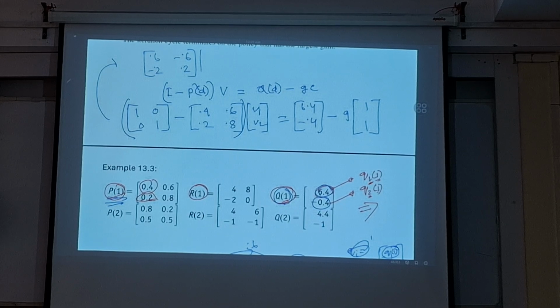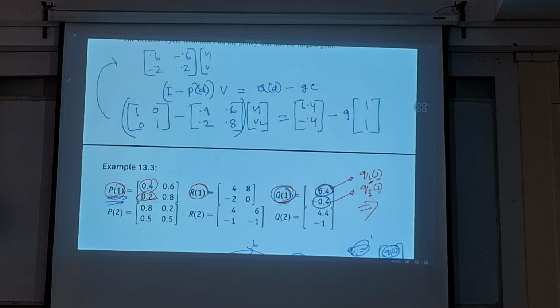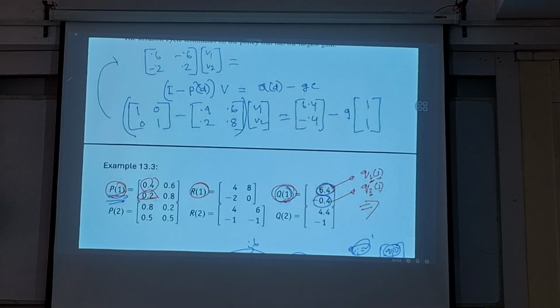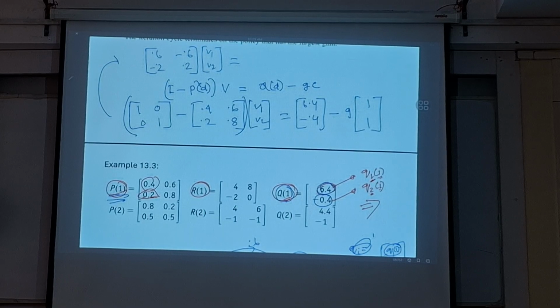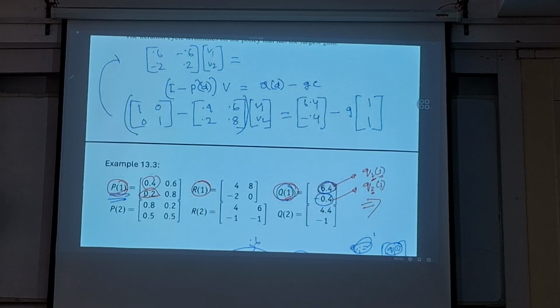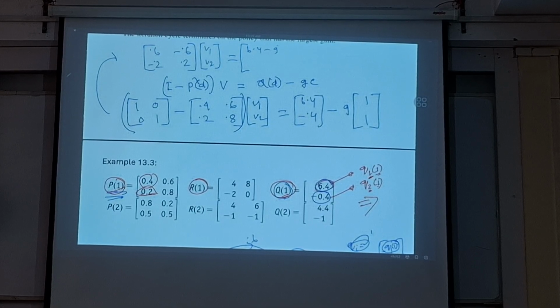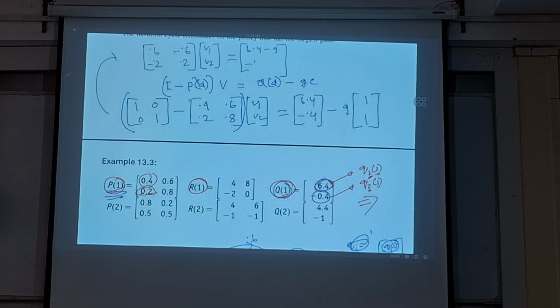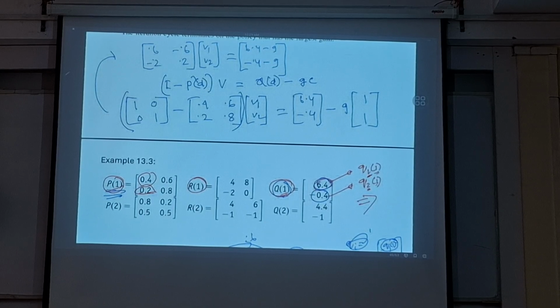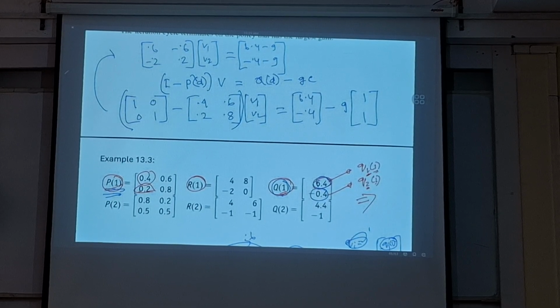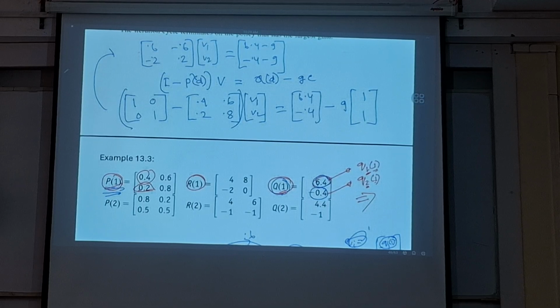Multiplied by P1, P2 equal to what? What is this? 6.4 minus G, minus 0.4 minus G.